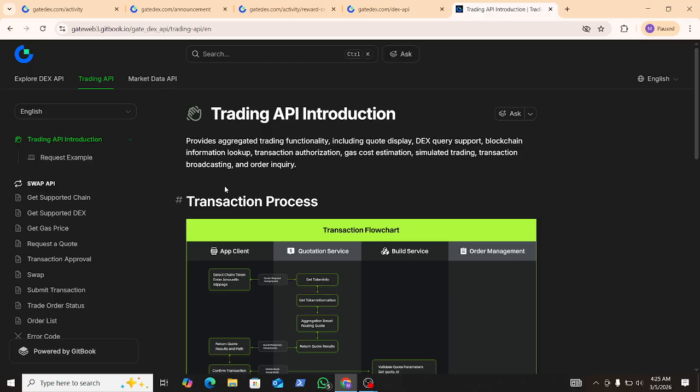Trading API introduction. It provides aggregated trading functionality including DEX display, spot query, blockchain information lookup, transaction authorization, gas cost estimate, simulated trading, transaction broadcasting and order inquiry.